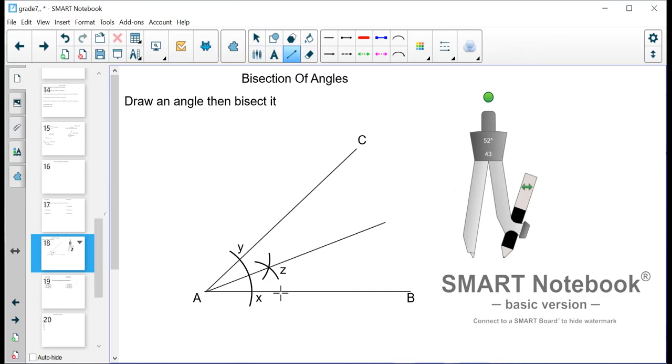So there we would have divided an angle into two equal parts.